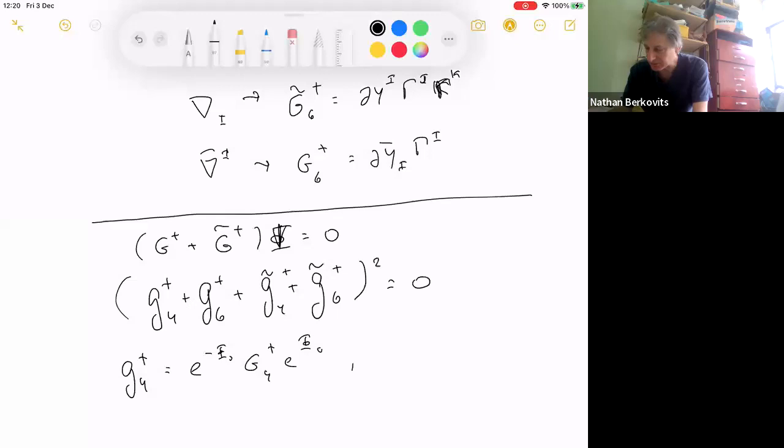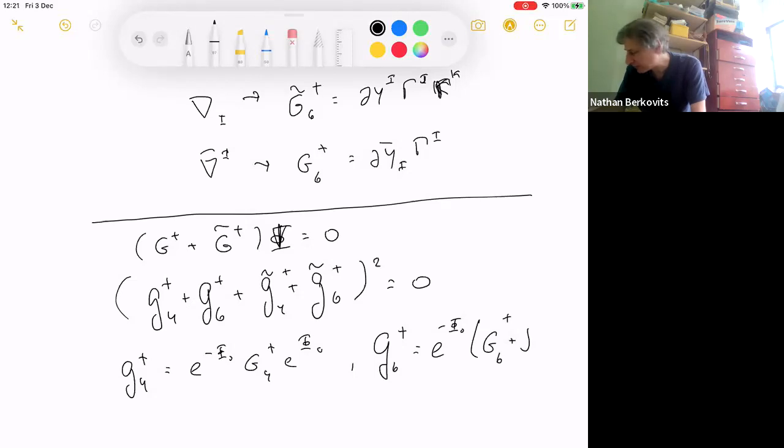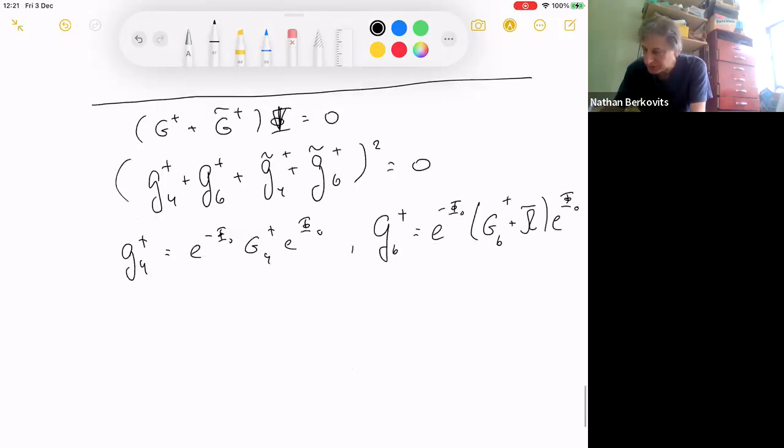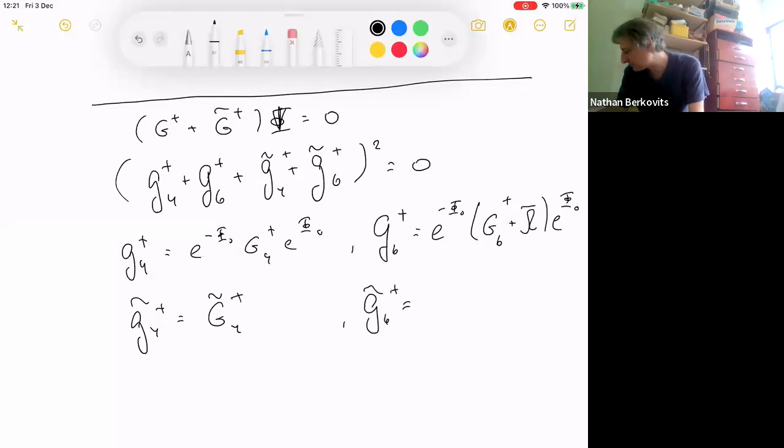G6 plus is equal to e to the minus phi 0, let me call it omega bar, tilde 4 plus, and finally G tilde 6 plus is equal to G.